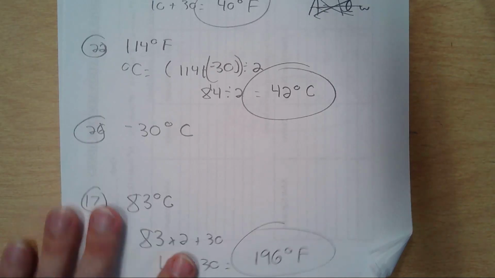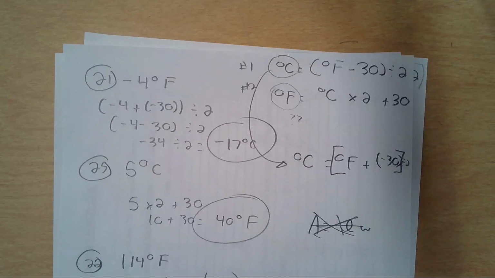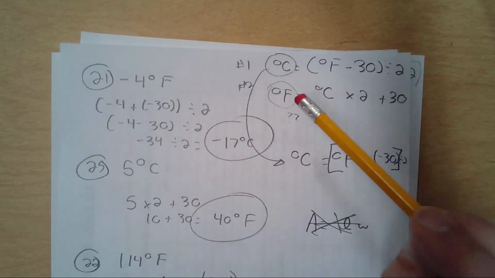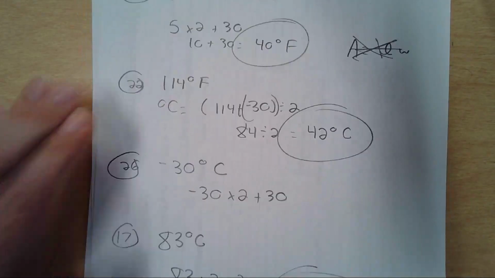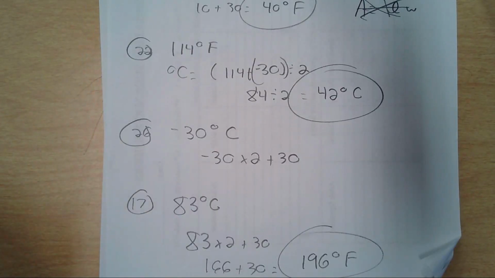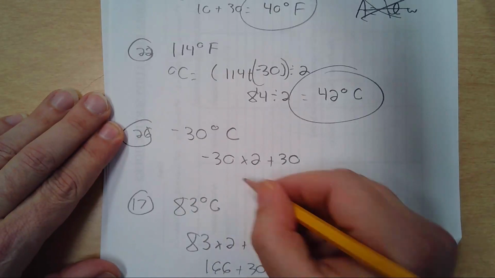All right, Evangeline, which one are we using, number 1 or number 2? Number 2, because we're trying to figure out our degrees Fahrenheit. So plug it in. First, I multiplied negative 30 times 2, which is negative 60.